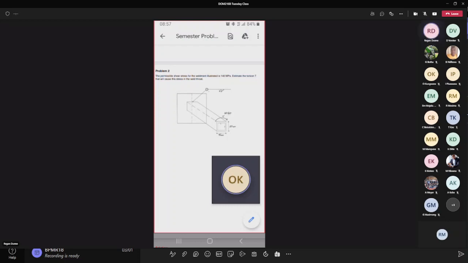Which means if there's no translation, my primary shear, remember the primary shear force is caused by translational motion, a force that wants to move it, let's say, in the X or Y direction. There's no force that wants to move it in the X or Y direction. So the weld does not experience a primary shear.